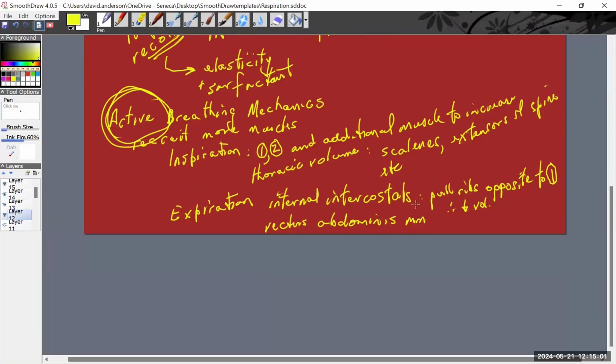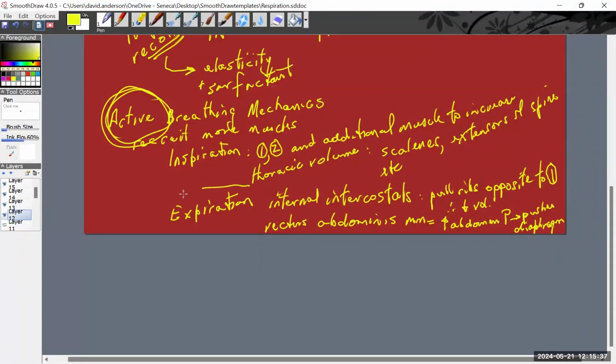So when we do that, this results in an increase in abdominal pressure, which pushes or forces the diaphragm back up. So that's going to force a smaller volume, which is going to increase pressure, which is what we're looking for when we want expiration to occur.